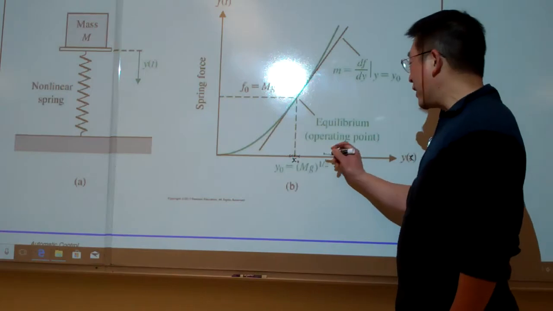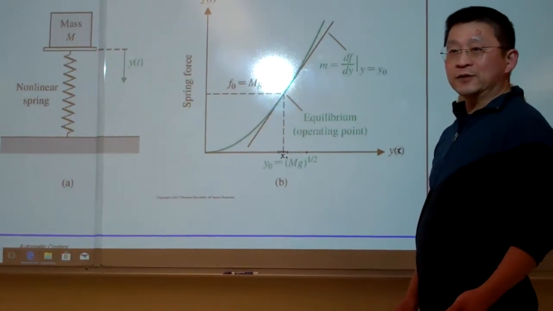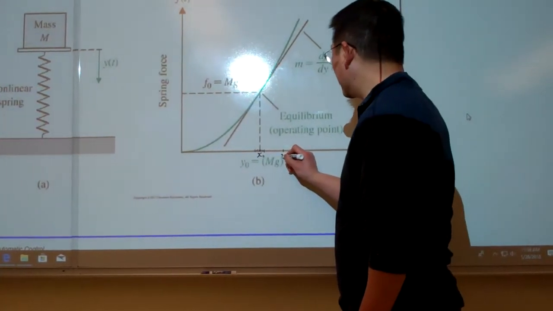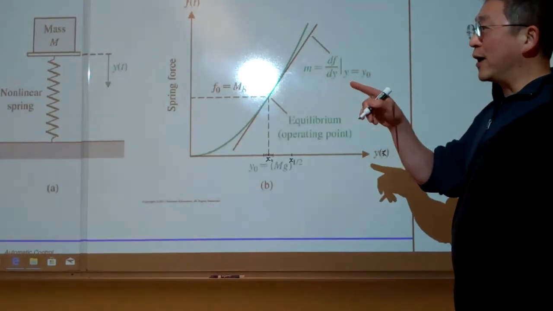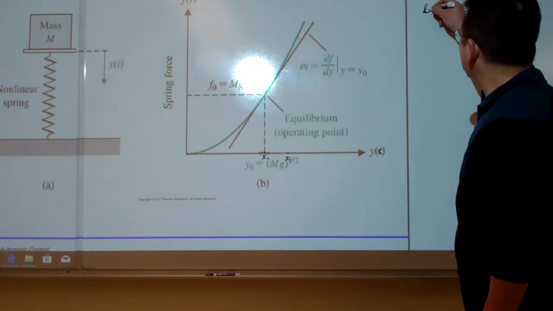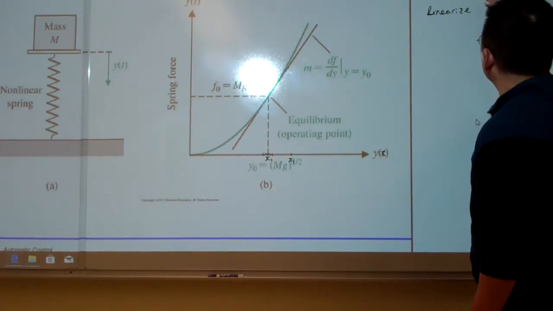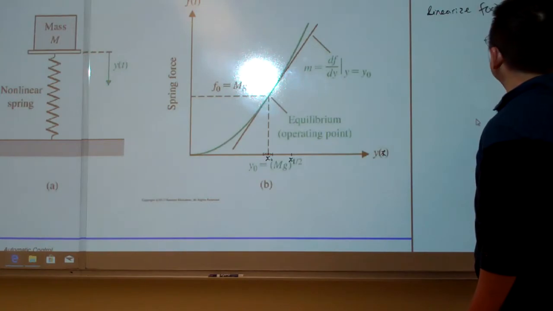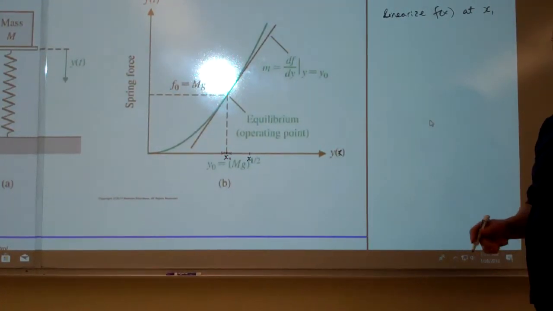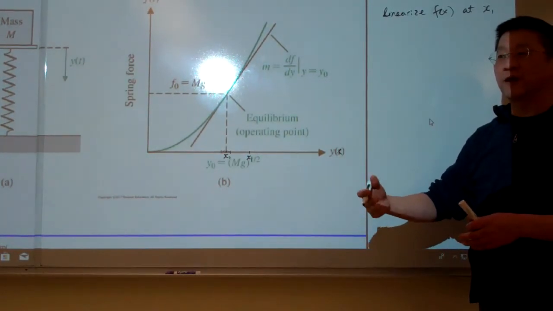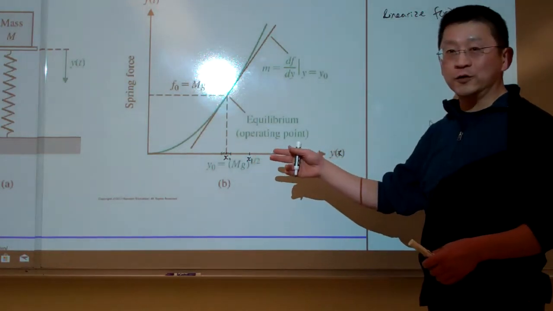If you have another x, and you want to know the value of x here, then what can you do? You simply pick this point and call it x1. Now I simply linearize the system at the new value x1. So you keep changing the point of operation for linearization, and then you can always have a good approximation.